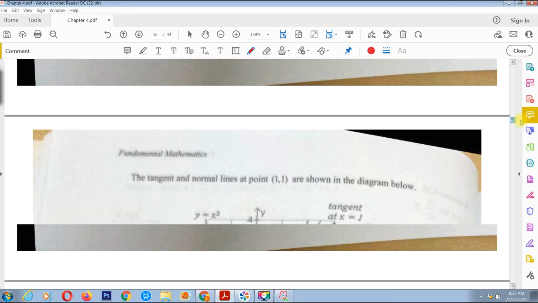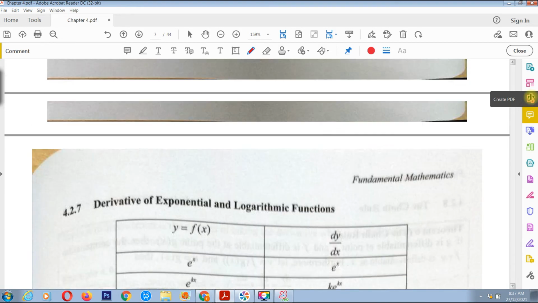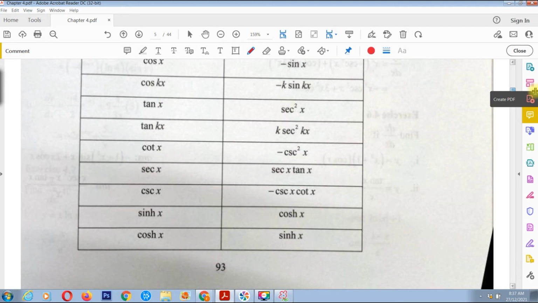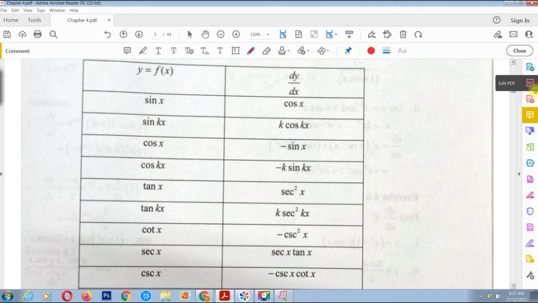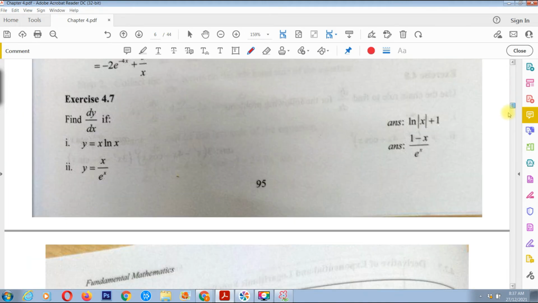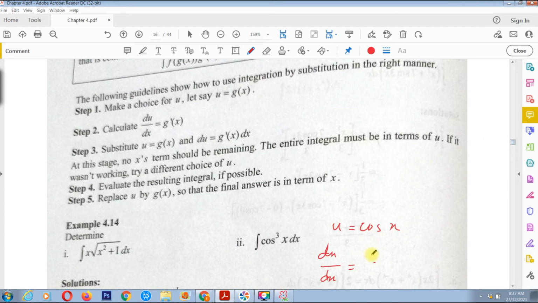You differentiate cos, you get negative sin x.